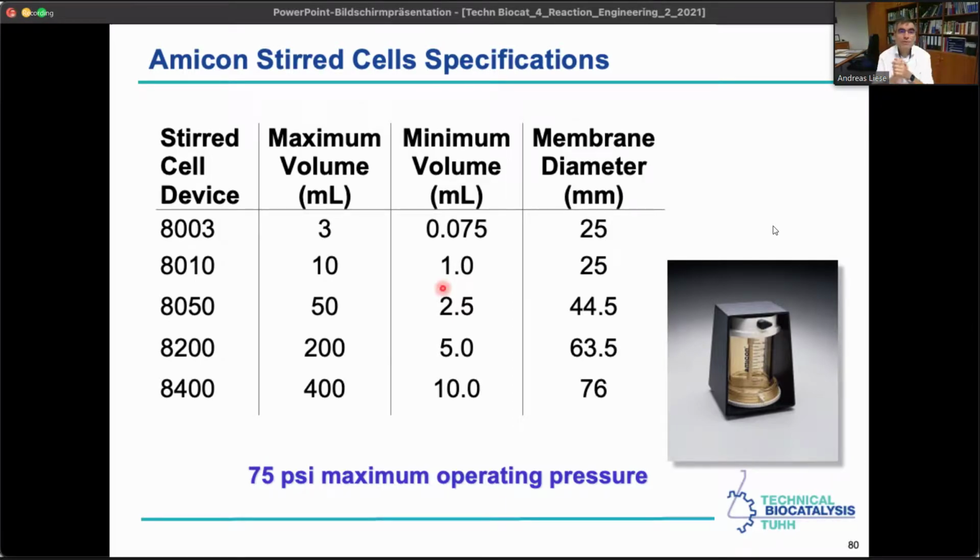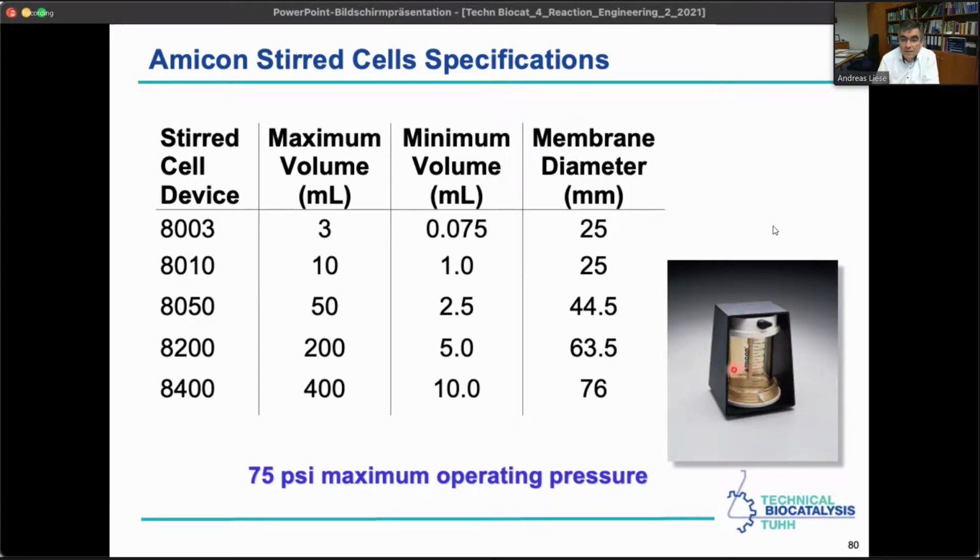The name Amicon cell is a bit like in Germany you talk about Tempo tissues: it's often not from the company Tempo, but they were the ones who first brought this device on the market. In the end, how does it operate? We have a plexiglass cylinder that you can see here, and from the top there's a hanging stirrer, which has a magnet on the lower side.